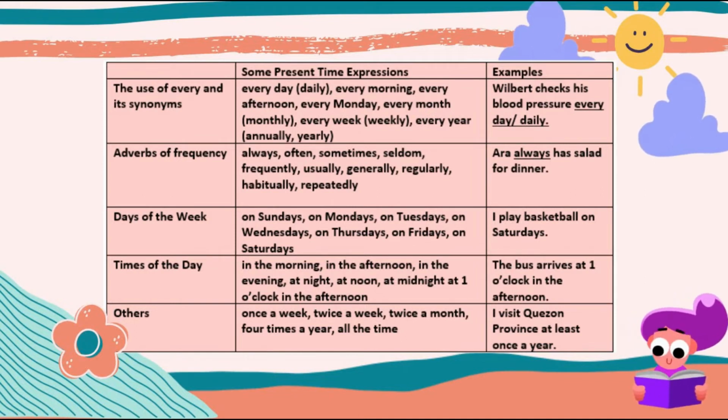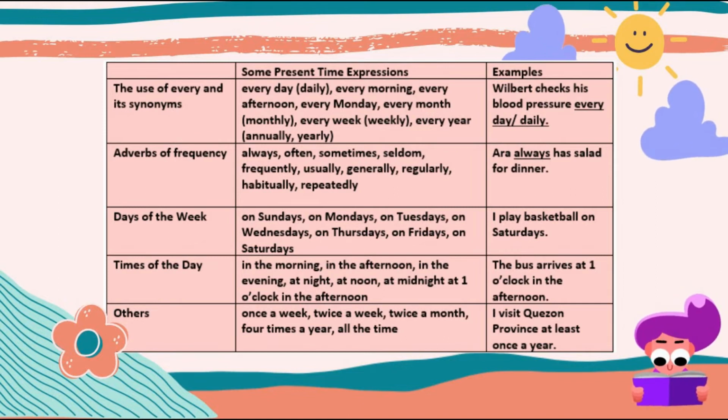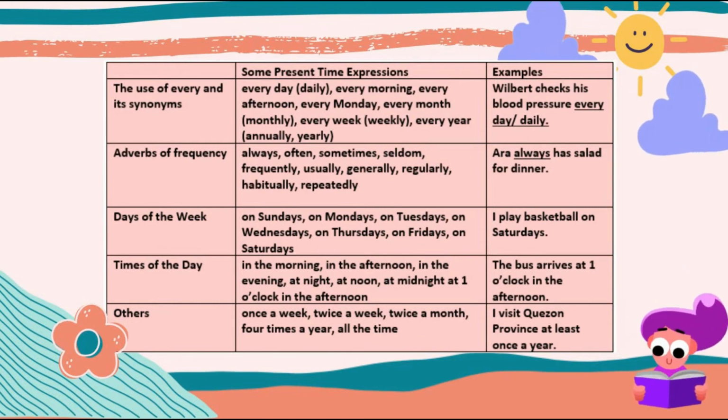And for the others, we have here once a week, twice a week, twice a month, 4 times a year, and all the time. So I visit Quezon province at least once a year. I hope that is clear to you. I hope you can use all these time expressions correctly.